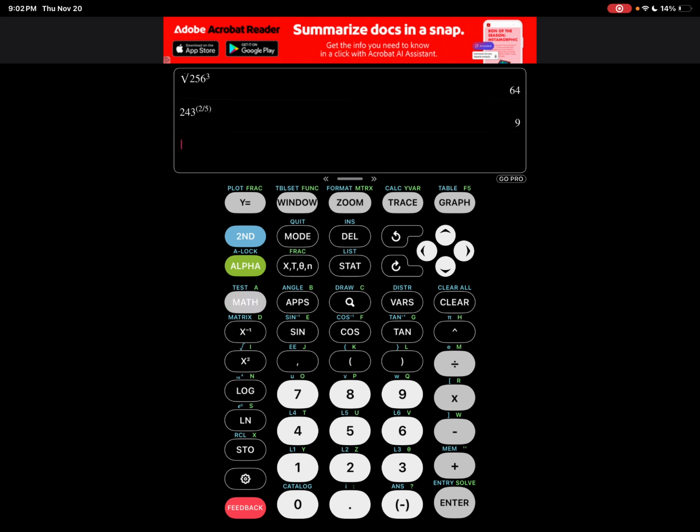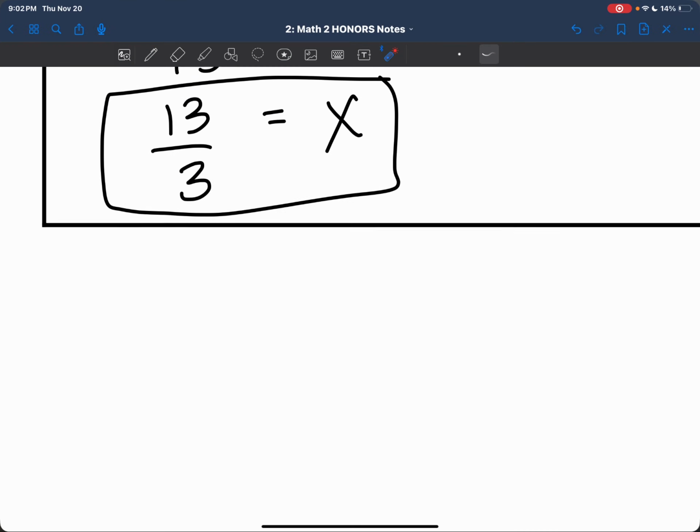Or if you wanted to use the math key, go to option 5, and the index is 5, and inside I have 243, and don't forget your exponent to the second power. Press enter, and we get the same thing either way. It doesn't matter which way you do it. To me the exponent way is easier, just because it's fewer buttons to press. But either way works.